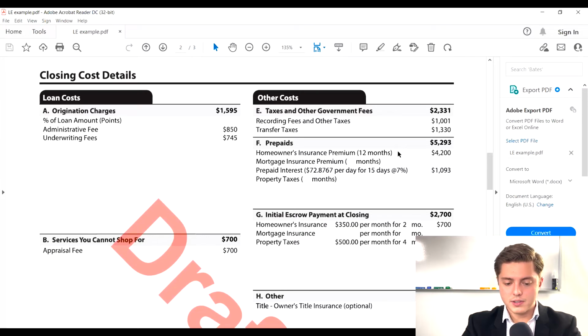Also prepaid interest. So from the date of your closing date to the end of the month, that is interest that you have to pay. And the reason for that is interest on mortgages is paid in arrears, which basically means, say you have a mortgage payment in December, the interest on that is paying for November. So by the time you get your first payment, a whole month will have already passed.